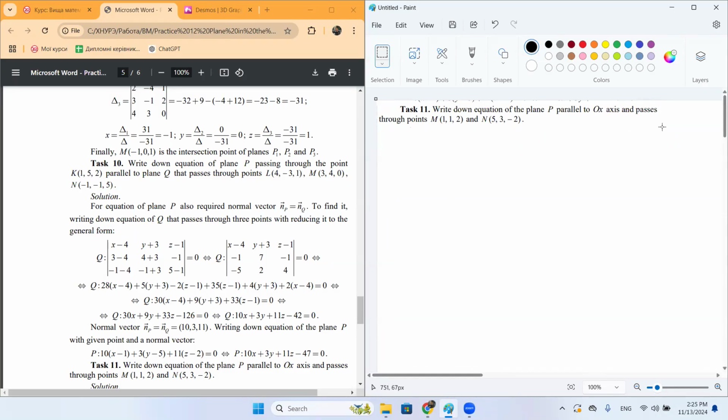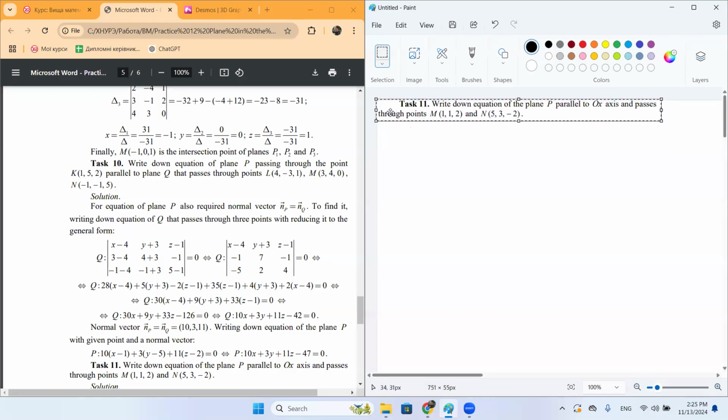It's not enough for the plane. Not enough information, but we know that it's parallel to axis OX. So how can we solve? We had a task similar to it already.